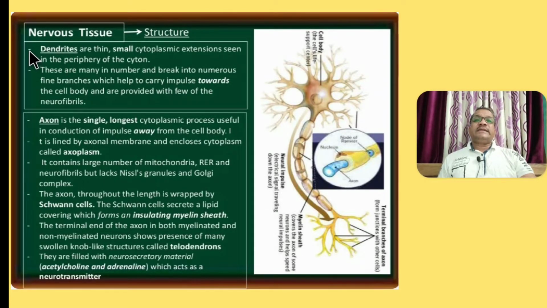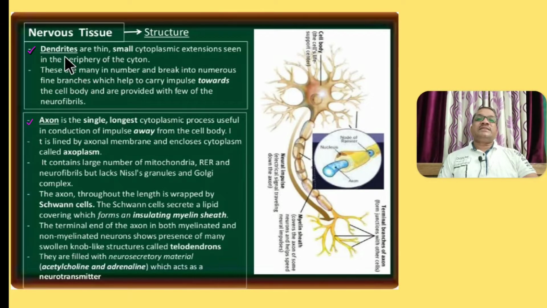So, first are dendrites and second is the axon. These are cytoplasmic processes, or cytoplasmic extensions, namely dendrites and axons.